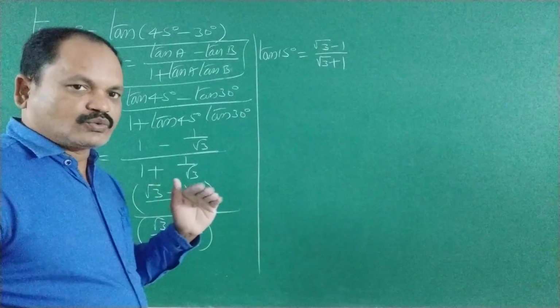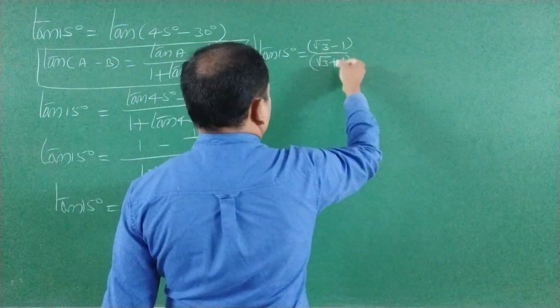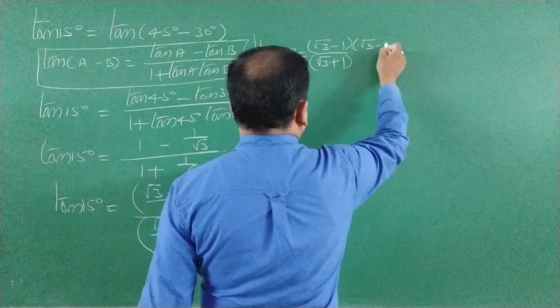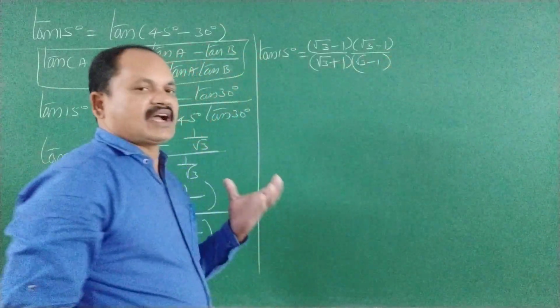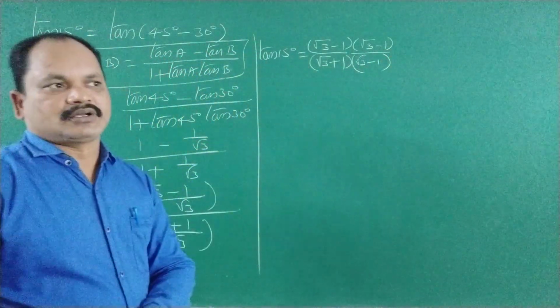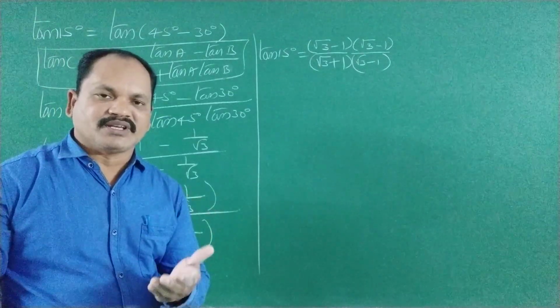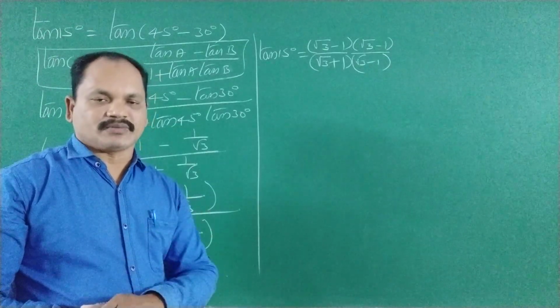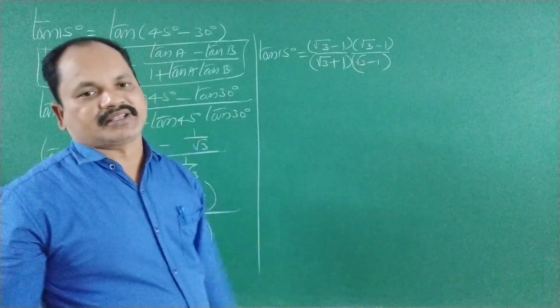Now we have to rationalize this one. That means we have to rationalize the denominator. The rationalizing factor of root a plus b is root a minus b, and a plus root b is a minus root b. That's why the rationalizing factor of root 3 plus 1 is root 3 minus 1.